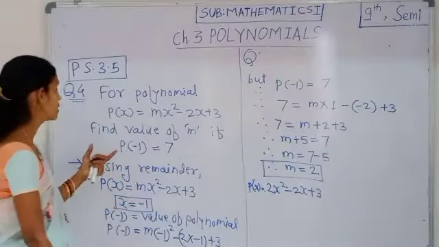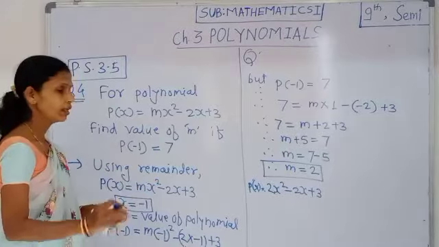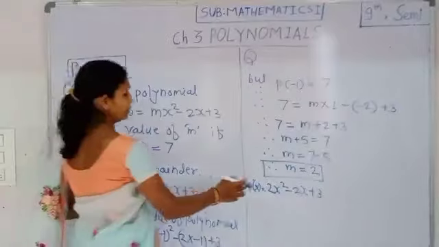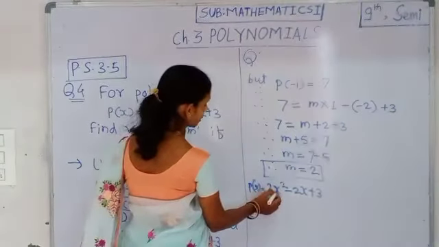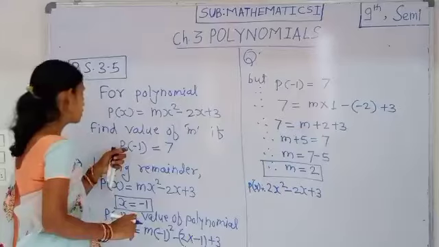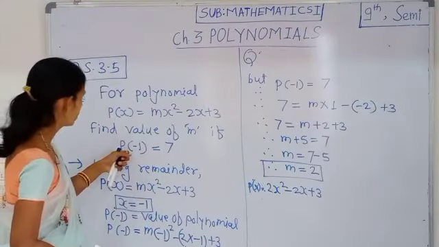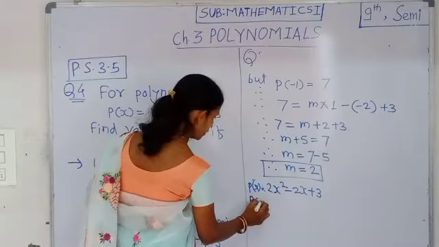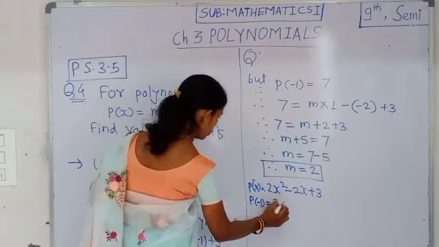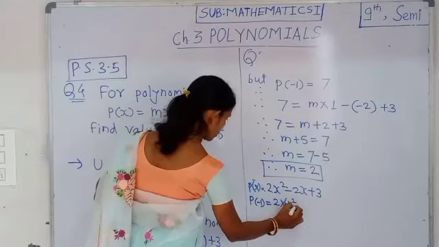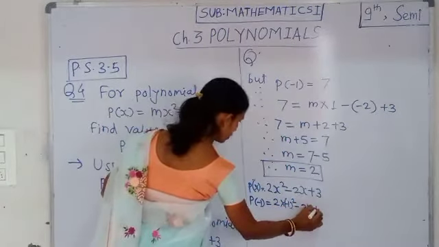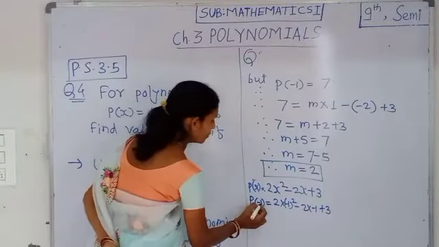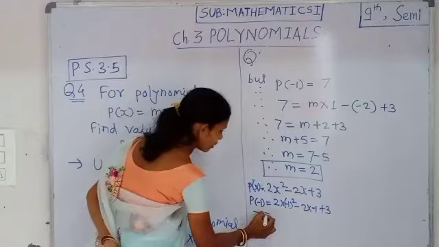Then see here, we can verify the example, whether our answer is correct, by putting the value of x is equal to minus 1. Then see here, p(-1). Then 2 into (-1) square minus 2 into (-1) plus 3. But here p(-1), the value is 7.